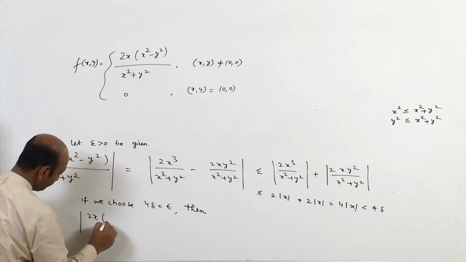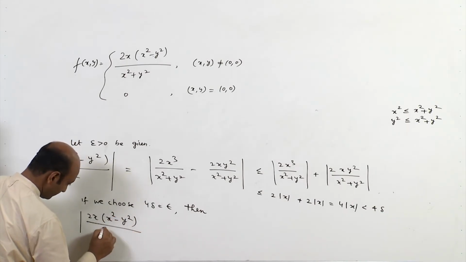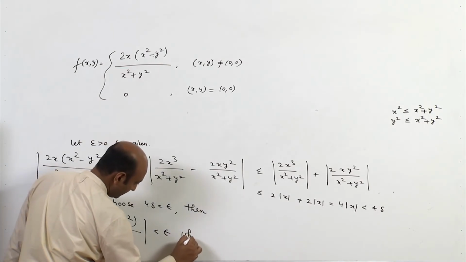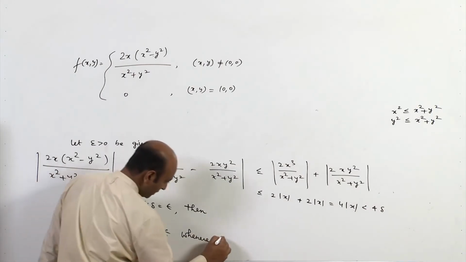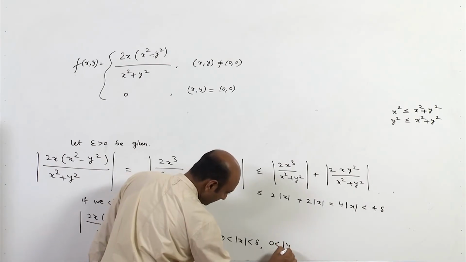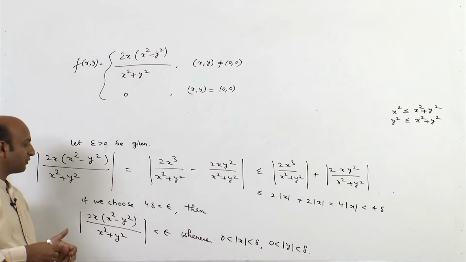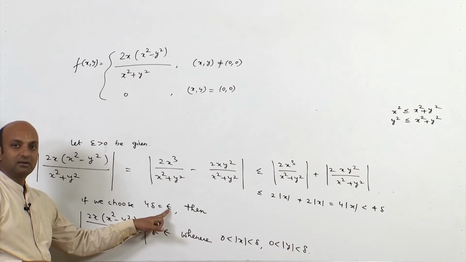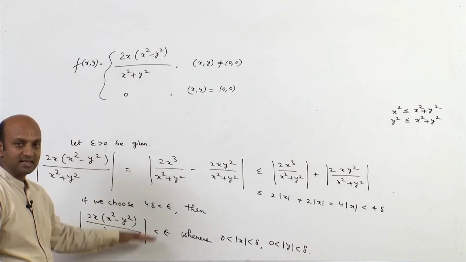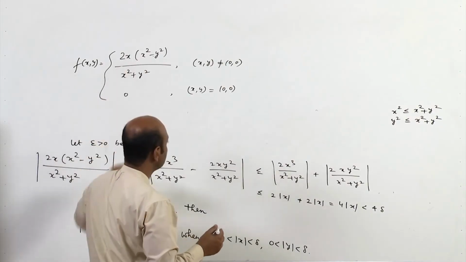this quantity will be less than epsilon whenever 0 less than mod x less than delta and 0 less than mod y less than delta. So we have shown the existence of delta for every epsilon for which this inequality holds. Hence, we can say that the limit of this function is 0.